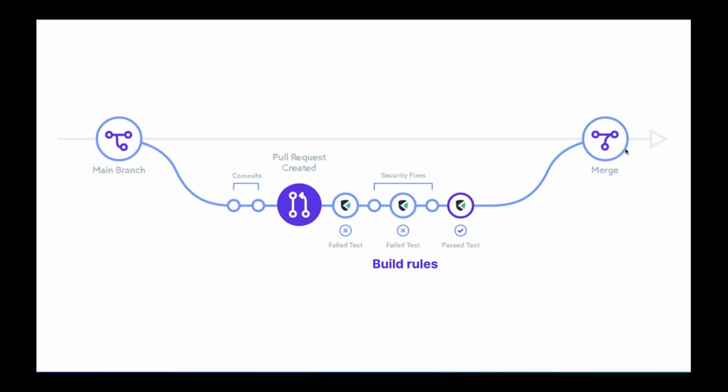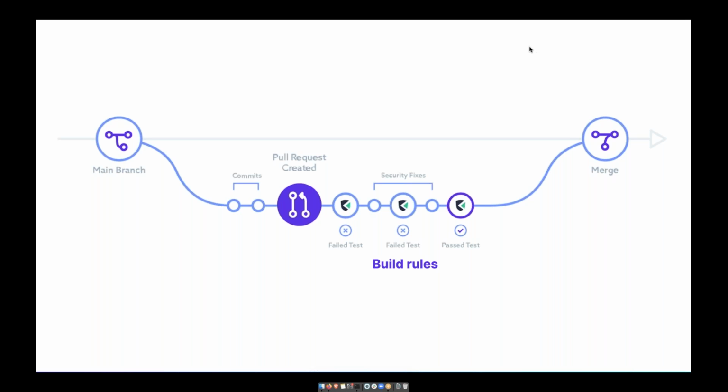The first is called build rules. Similarly to how a linter might fail your pull request, or if you have a typo and your code doesn't compile, it breaks the build, you can introduce these concepts into security rules too. What I'll show you is an example of a build rule.